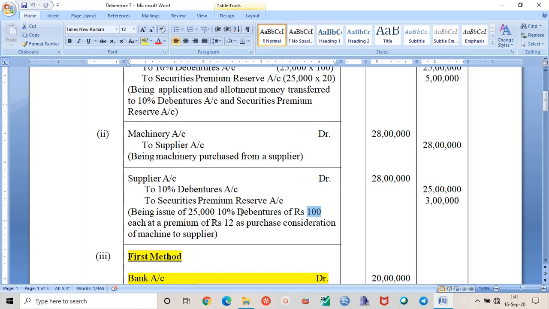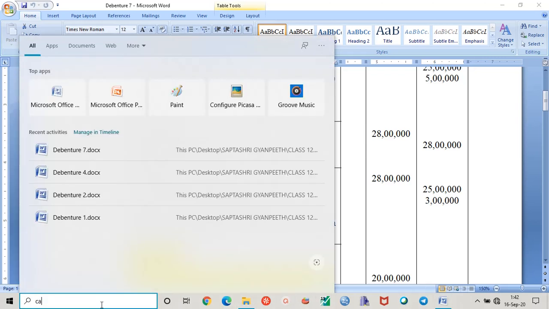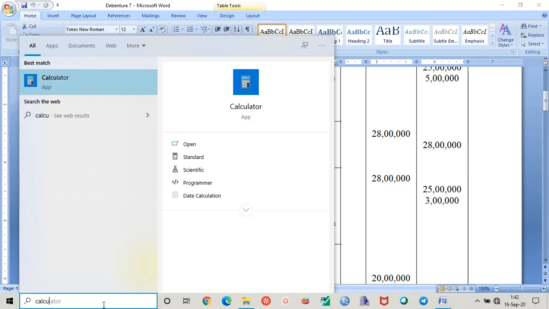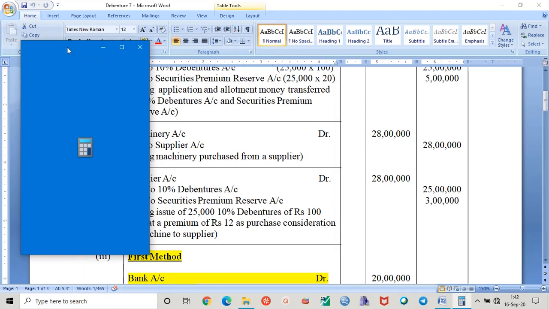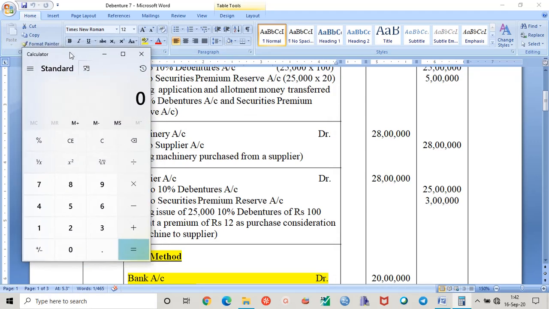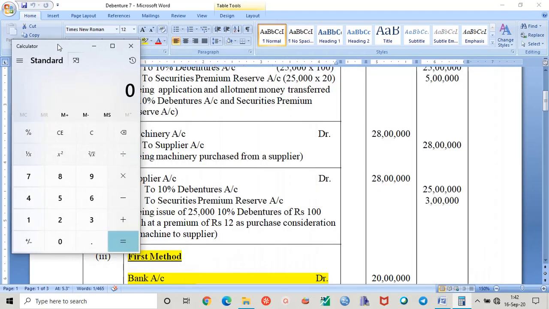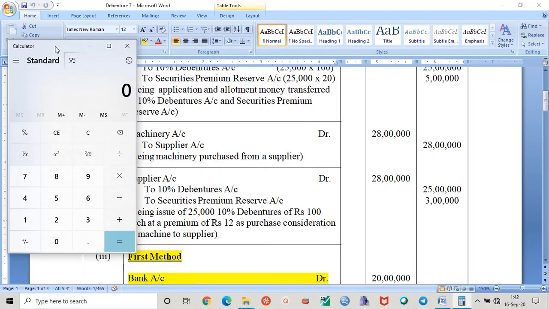So what about the remaining amount of money? Let me take this calculator. At this point of time we have to do something like this. What is the amount to be paid to the supplier? 28,000 should be paid, right? Sorry, 28 lakh.